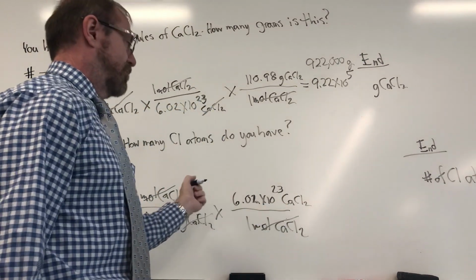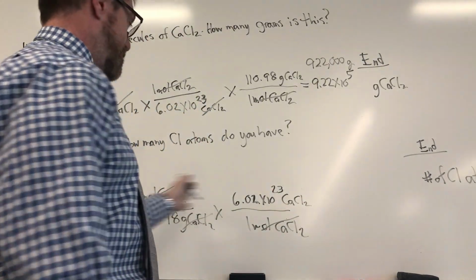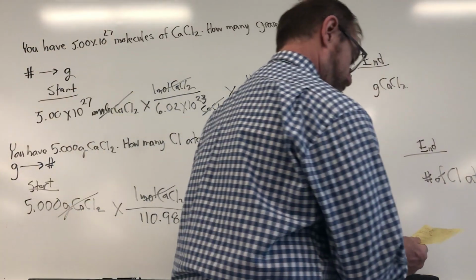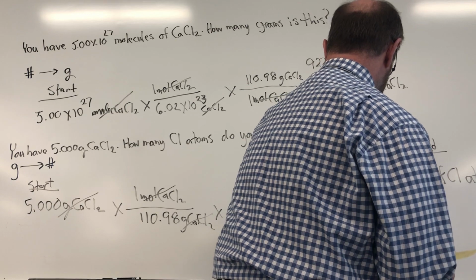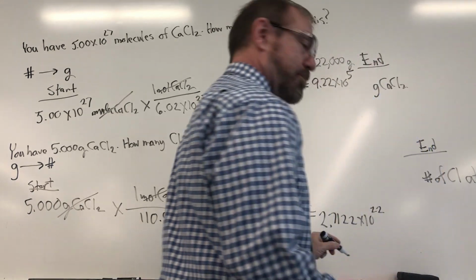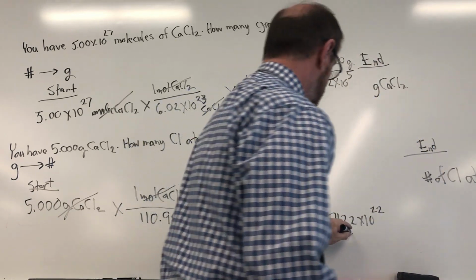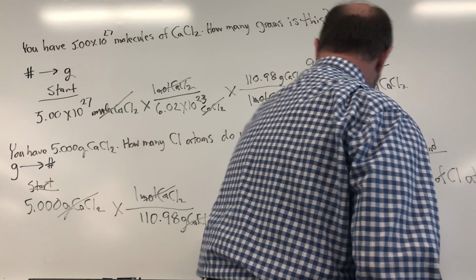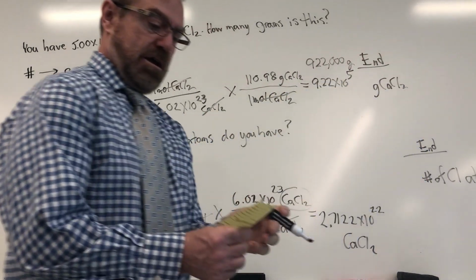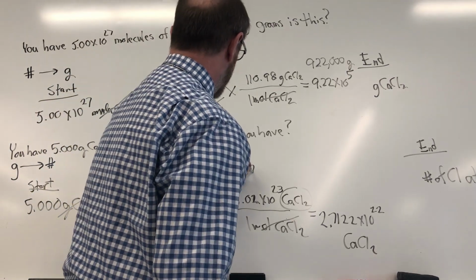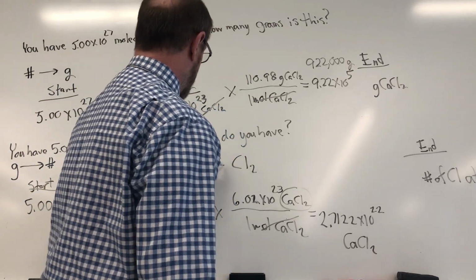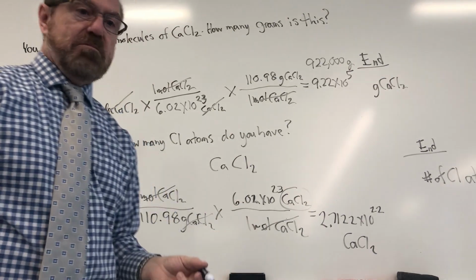At this point, if you do the math, you'd come up with something like 2.7122 times 10 to the 22nd, but this isn't chloride atoms. This is calcium chlorides. The next thing you do is look at the formula and count how many chloride atoms there are in one formula unit.